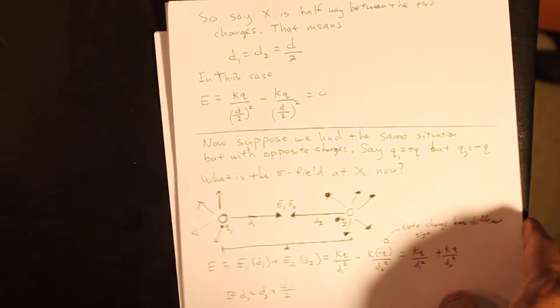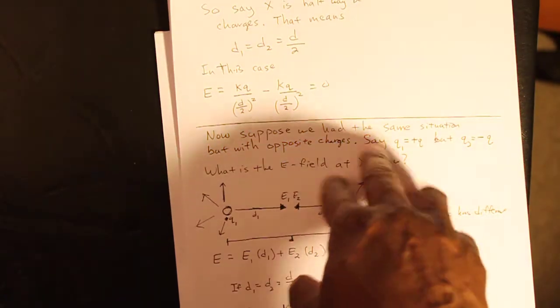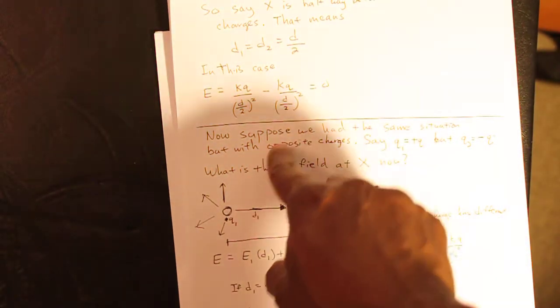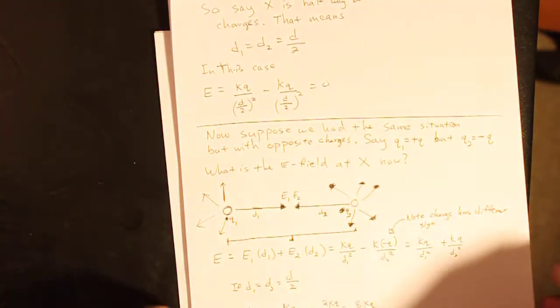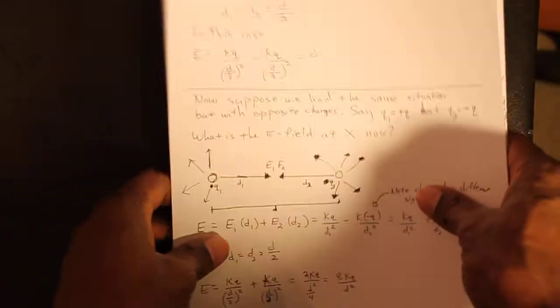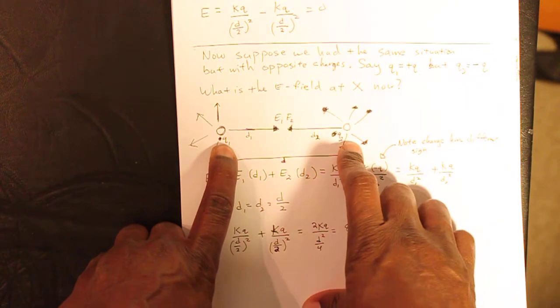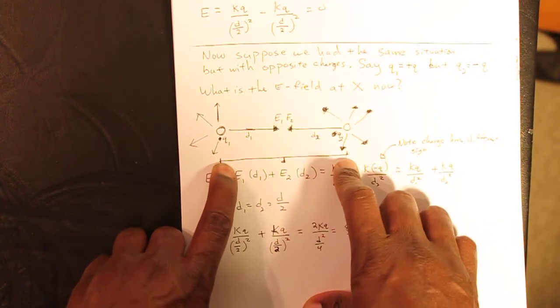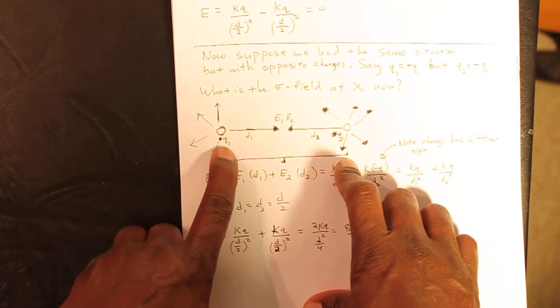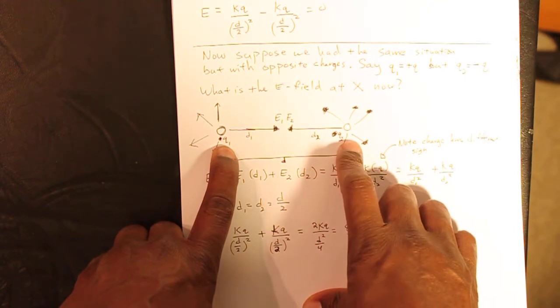Now, suppose we had the same situation, but opposite charges. Let me redraw that. I have the same situation: two charged particles here, separated by a distance d, except Q1 is positive and Q2 is negative.